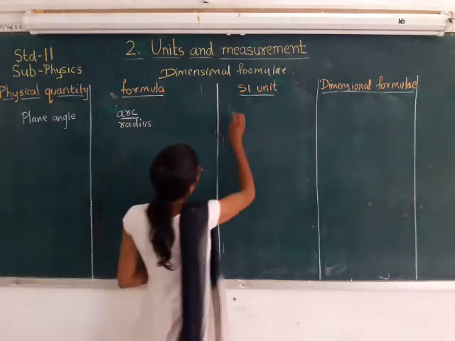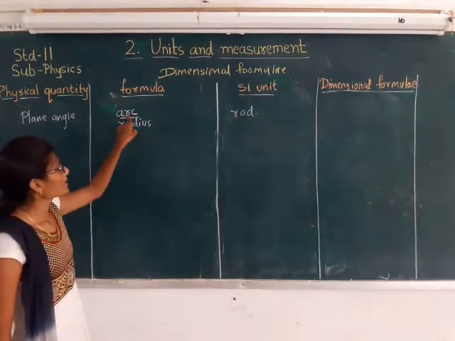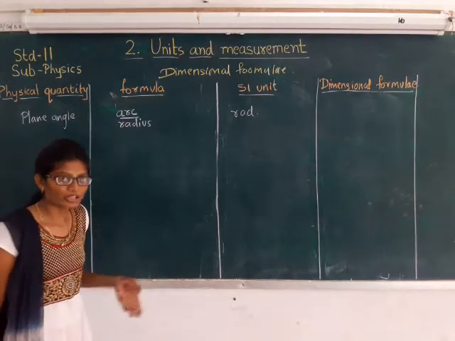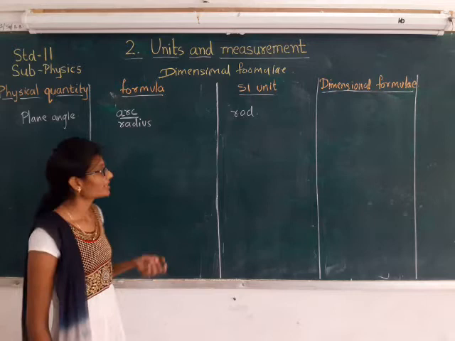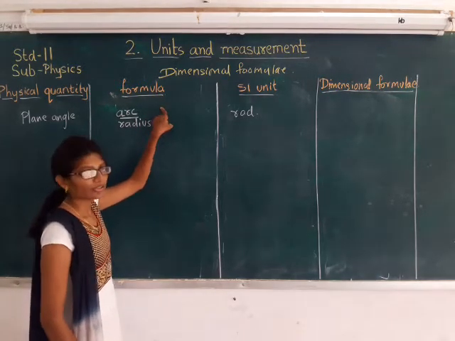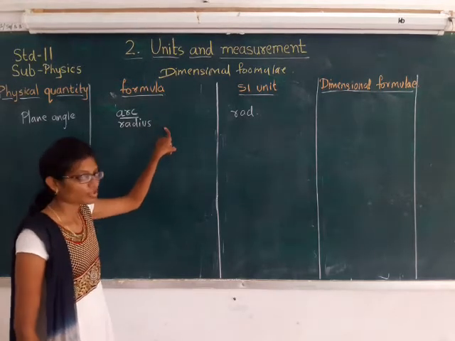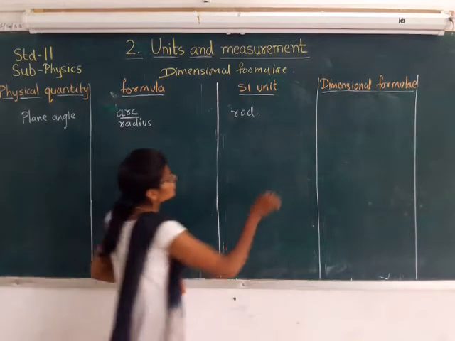And its unit is radian. But now see, here arc, that is also in terms of length. Here radius, that is also in terms of length, right? So if we consider the unit as meter, over here also it will be meter, so it will be cancelled out.